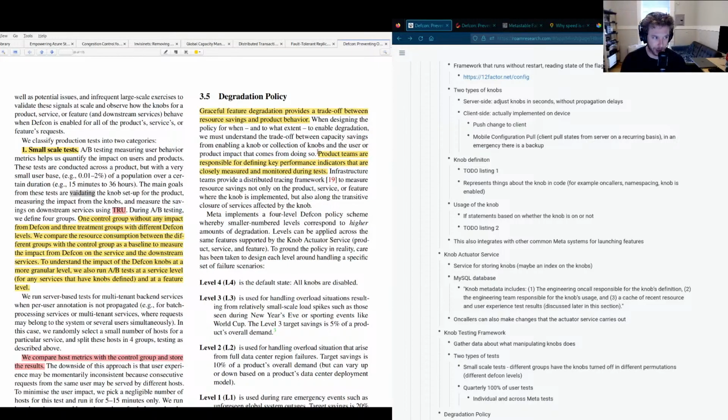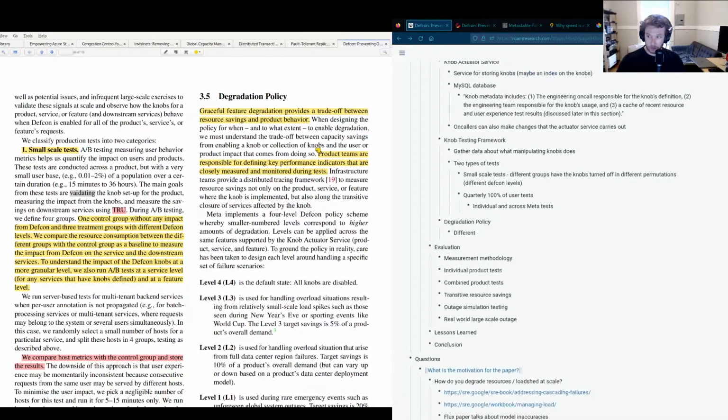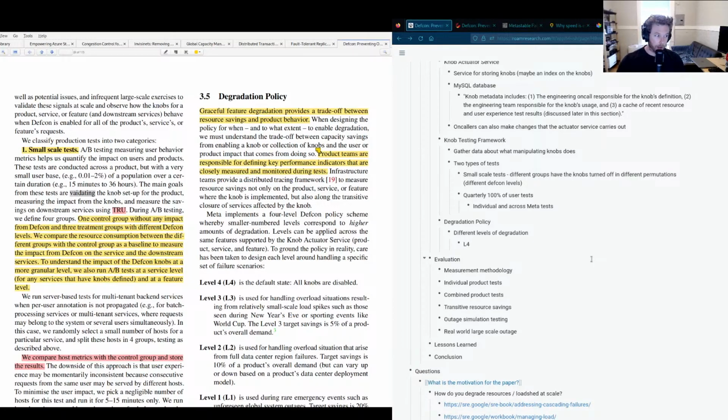So this is actually a really good point. Okay, so they have different levels of degradation.